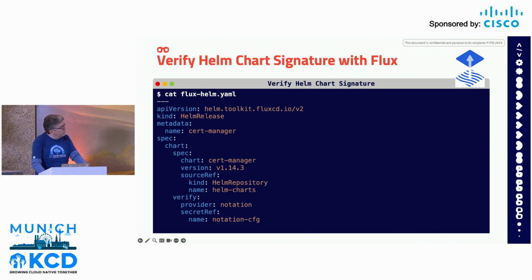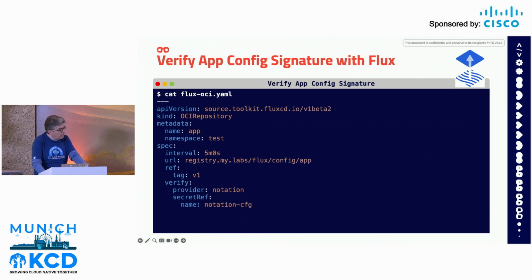This is the Flux configuration to deploy a Helm chart. Here we just have to update this Helm release manifest by adding a verify block pointing to the notation configuration we just created. For the Flux configurations, so the OCI repository objects, do the same by adding a verify block.